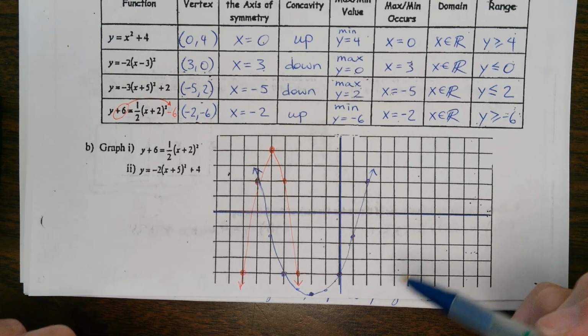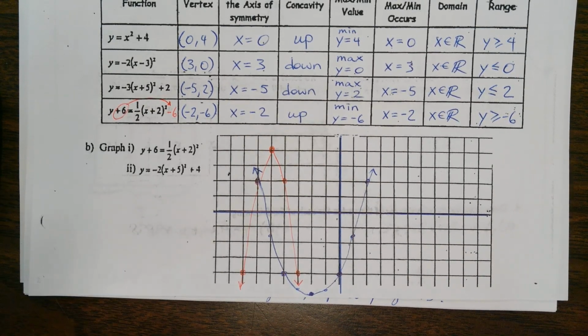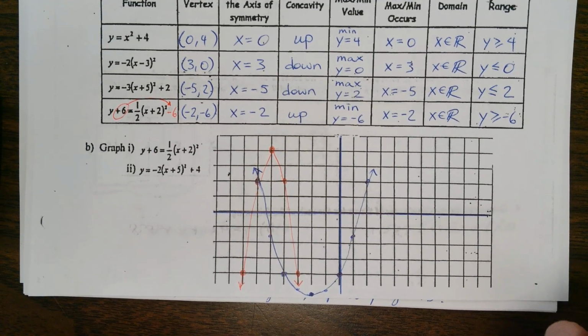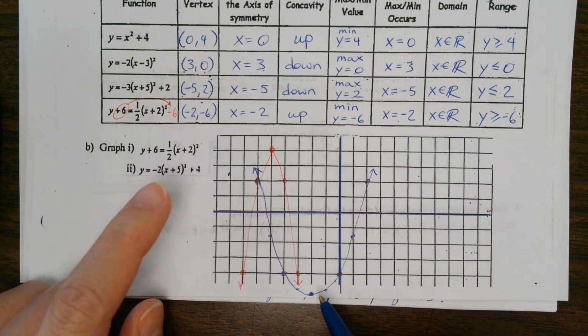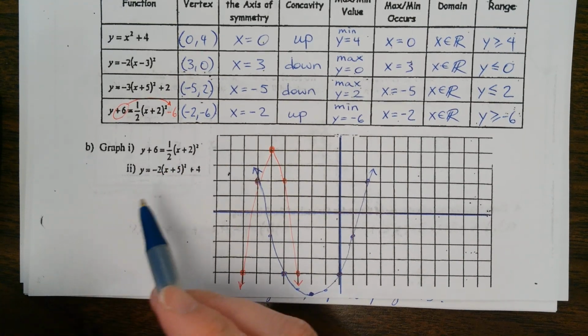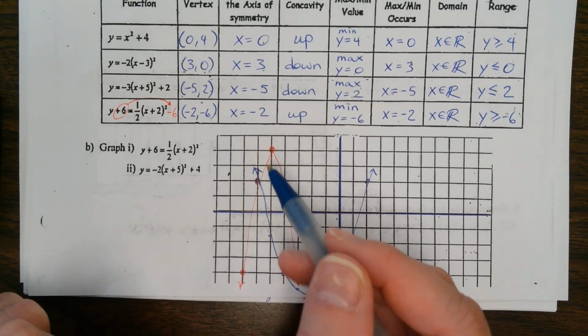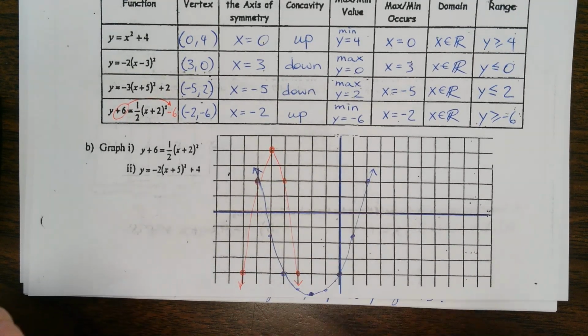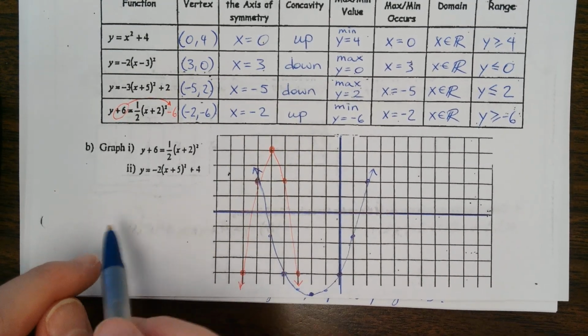If you don't like the step method, you hate it, you want to do a table of values instead, sure, you could do that. It might just take you a longer time, but there's nothing wrong with it. And also make sure if you do your table of values, I see the vertex. So your vertex should be in the middle of your table.